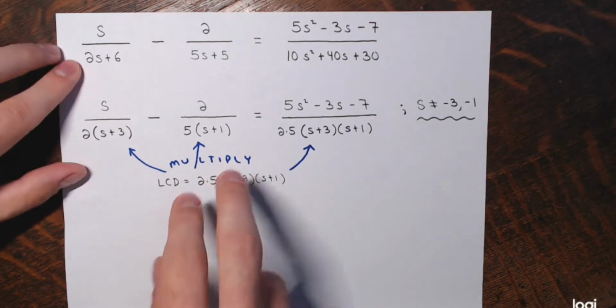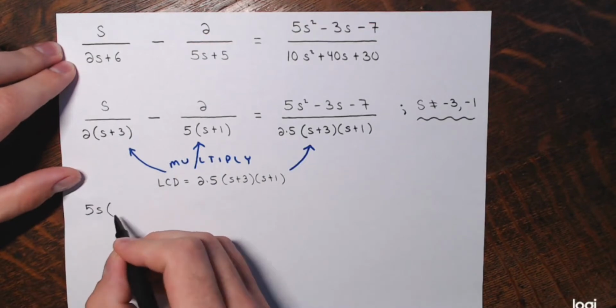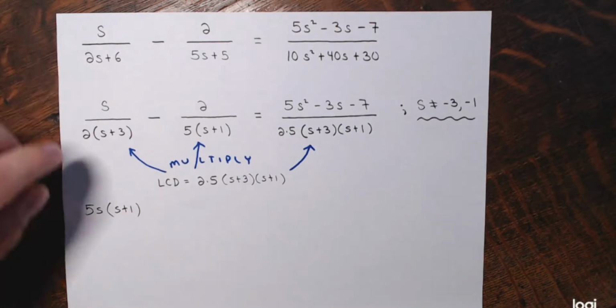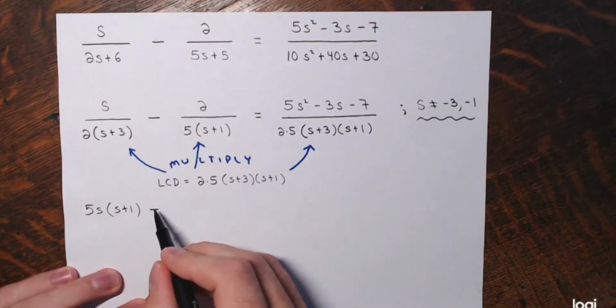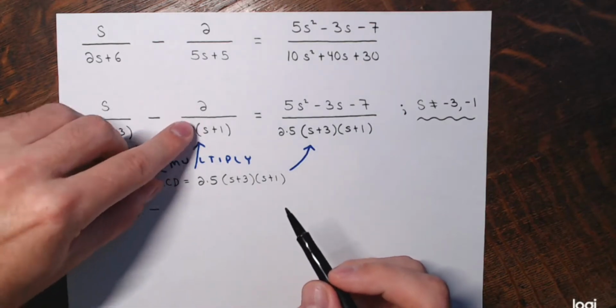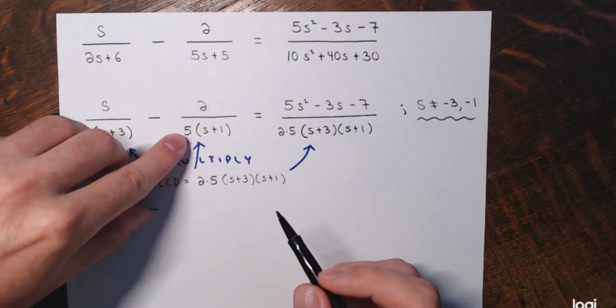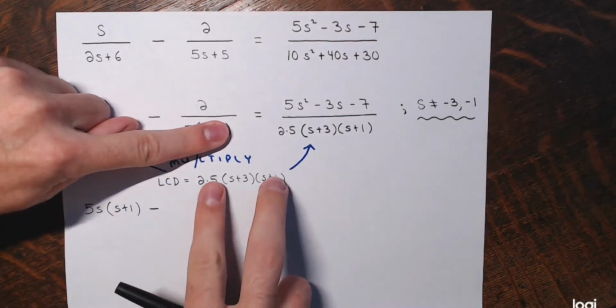So what I'd be left with is s times 5, or 5s, times the quantity s plus 1. That's from the first term. Then we have minus, and the second fraction, the denominators would cancel. The 5 and the s plus 1 would cancel in the LCD.